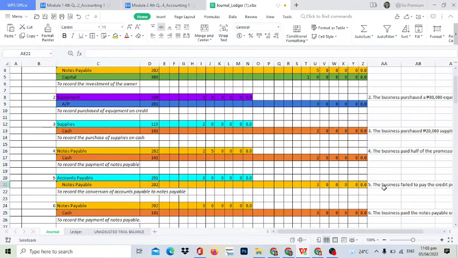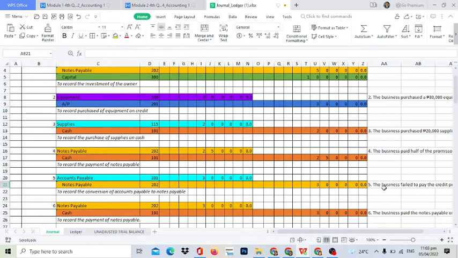So, ang mangyayari dun sa accounts payable niya, magde-decrease. And according po sa rules ng debit and credit, decreasing of liability is under debit. Since kinonvert po yung accounts payable to notes payable, tataas naman po yung kanyang liabilities, or increasing of liabilities.